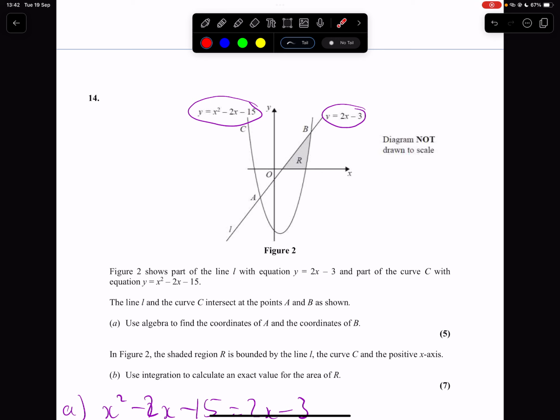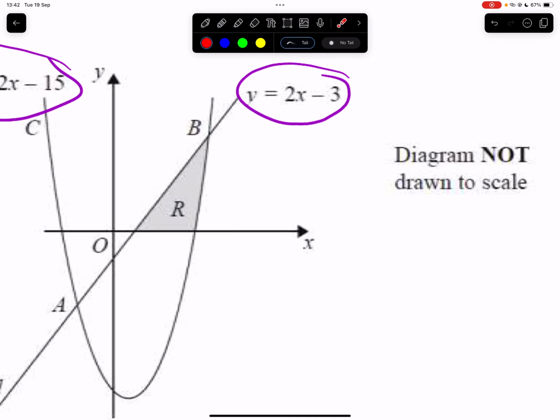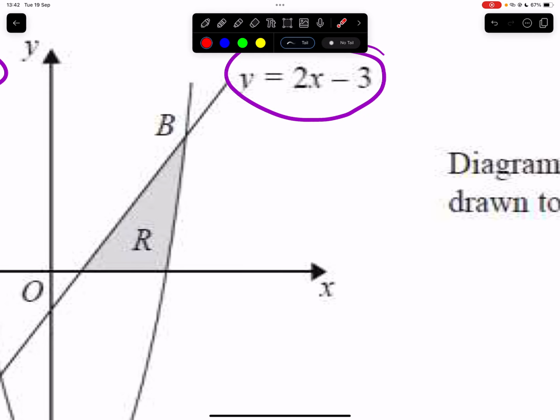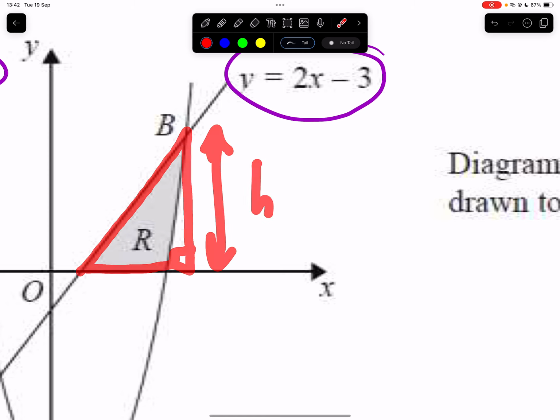So now we want to use integration to find the exact area. So in that diagram, you've essentially got two things. You have a triangle like that you can work out just using a half base times height, if we can work out what this height is and what this base is.